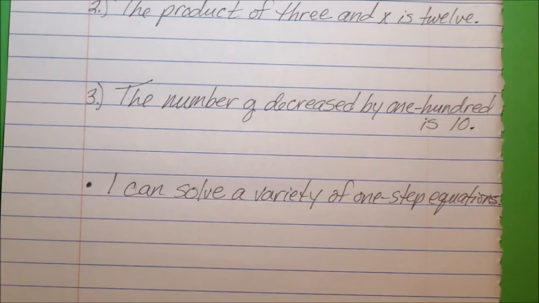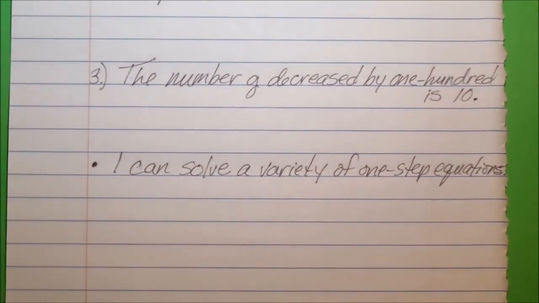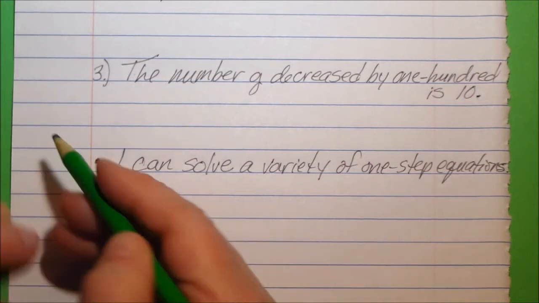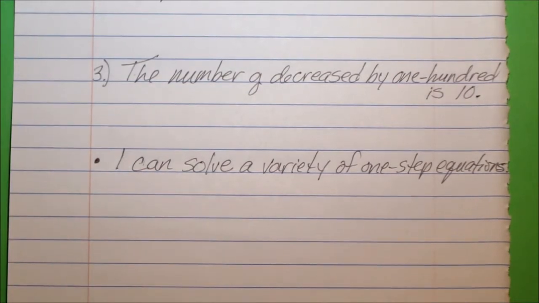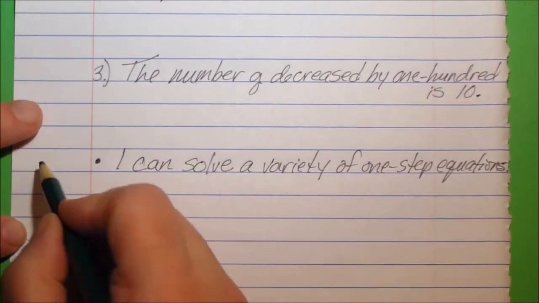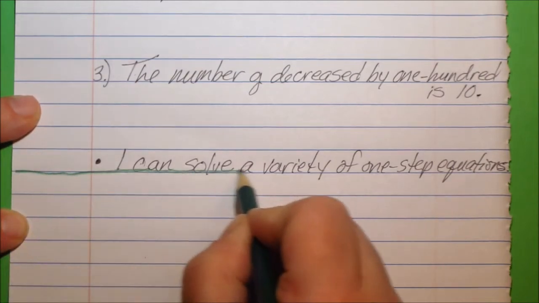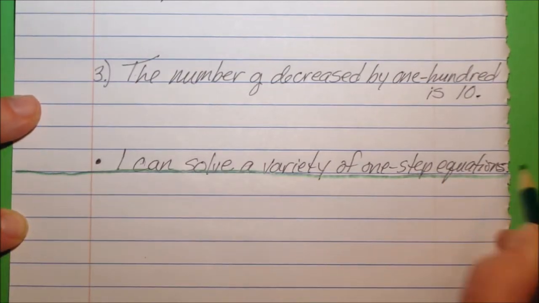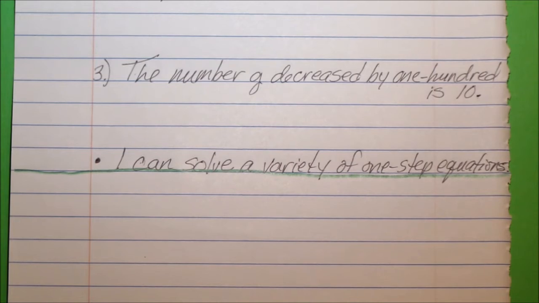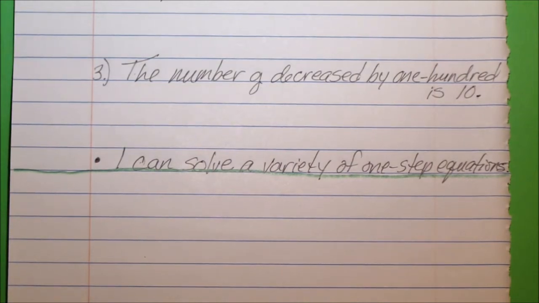So you'll have some that you'll add, some that you'll subtract, others you'll multiply, and others you'll divide to solve the equation. It's all things you know how to do, just getting extra practice. Really, the point is, if I mix them all together, can you recognize which inverse operations you need to apply in order to solve the particular equation?